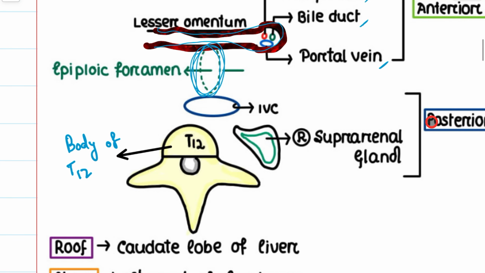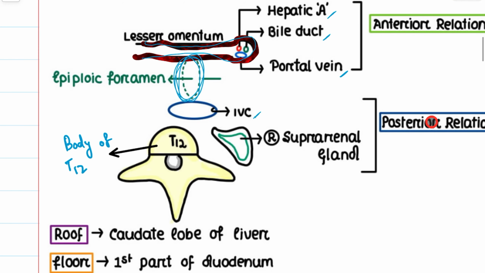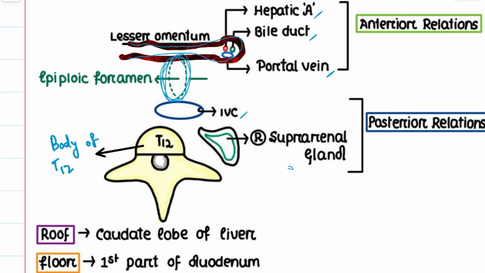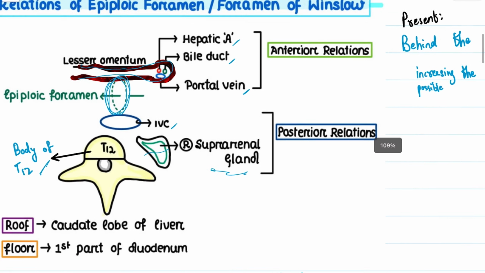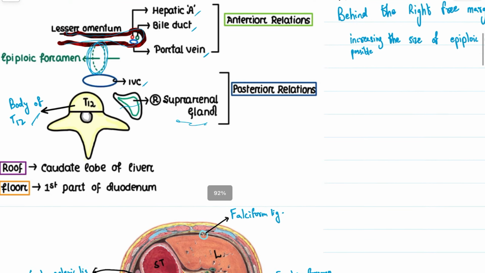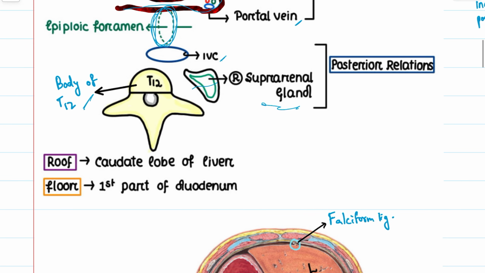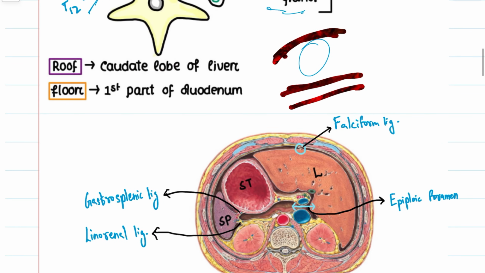Okay, and in the posterior aspect we have the inferior vena cava, the right suprarenal gland, and the body of the T12 vertebra. On the roof of this foramen we have the liver, and on the floor we have the first part of the duodenum.